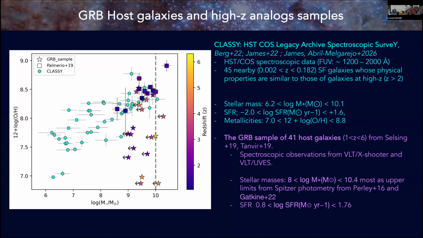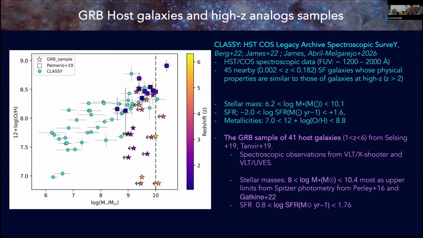Comparing also the metallicity to mass ratio, we have here the distribution of the local galaxies that spans from very low mass galaxies to 10^10 solar masses.